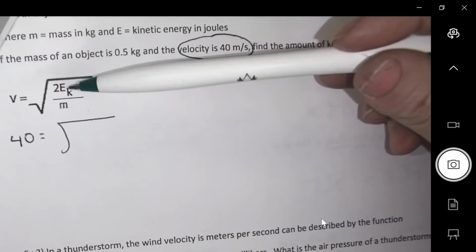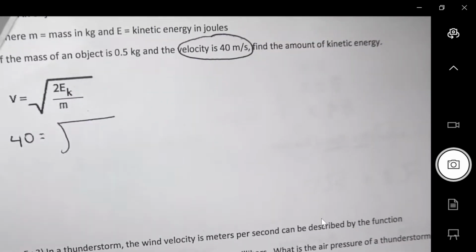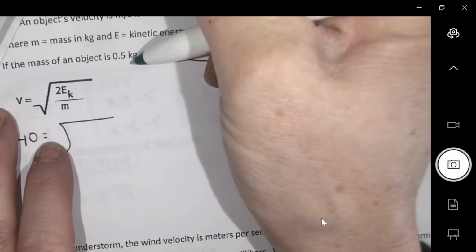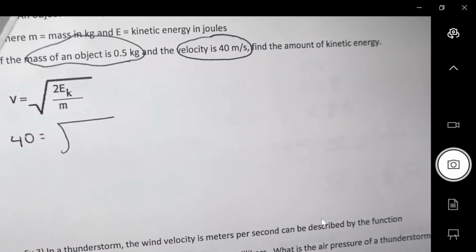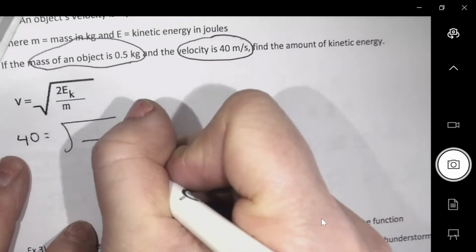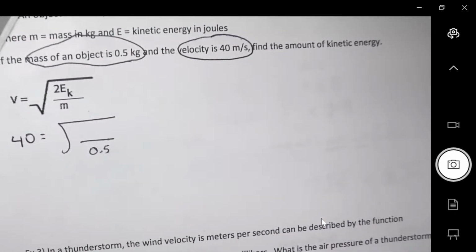The E is the kinetic energy and the M is mass. We have been given the mass of the object. So that is 0.5 for the mass.